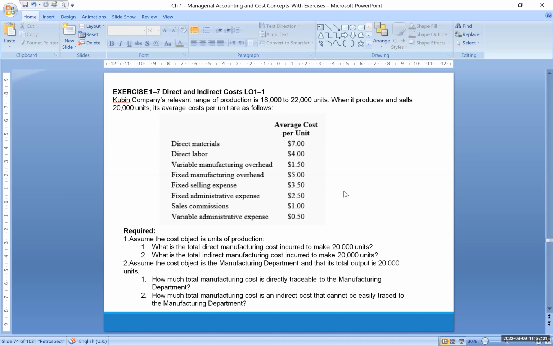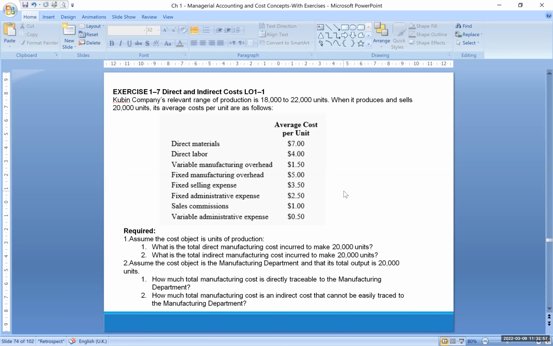We have sales commission for $1, variable administrative for $0.5, variable selling and administrative, and the fixed part.